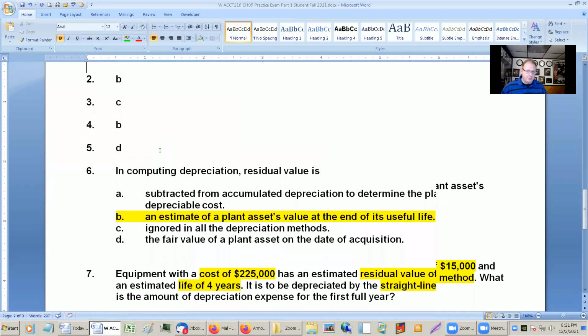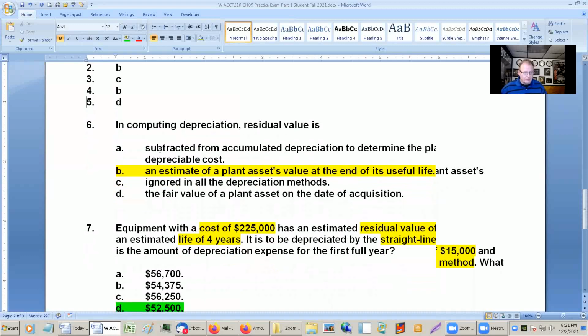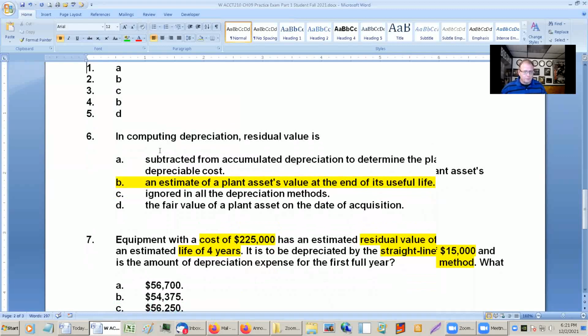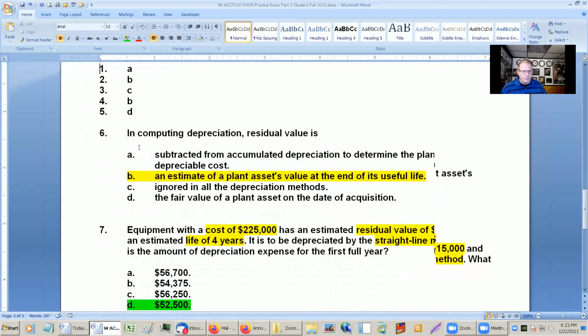Oopsie daisy. A, B, C, B, D, and then B, D.